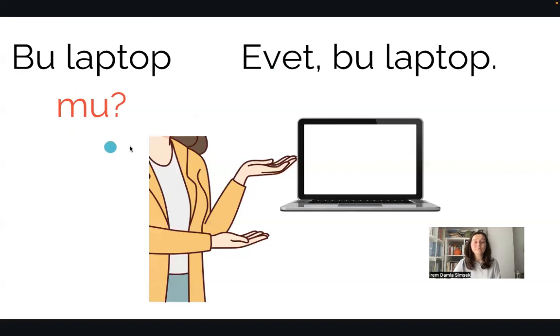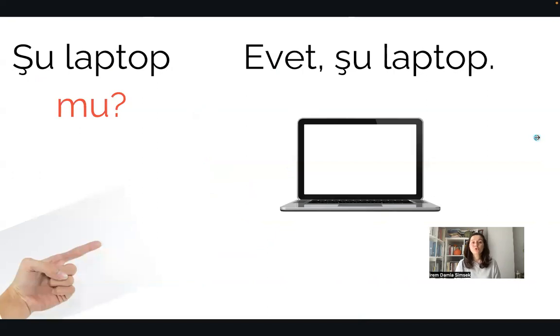So this mu makes a question, and the question can be answered by yes or no. Şu laptop mu? Şu means that. Is that a laptop? Evet, şu laptop. Yes, that is a laptop.